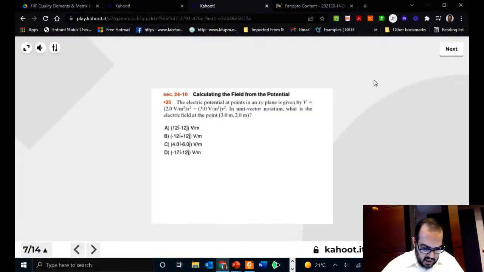Okay, here is another problem. So now we have the electric potential at a point on the xy plane given by V is 2x squared minus 3y squared. In unit vector notation, what is the electric field at a point 3 meters on the x-axis and 2 meters on the y-axis? 2 minutes for this one. This is an easy problem.